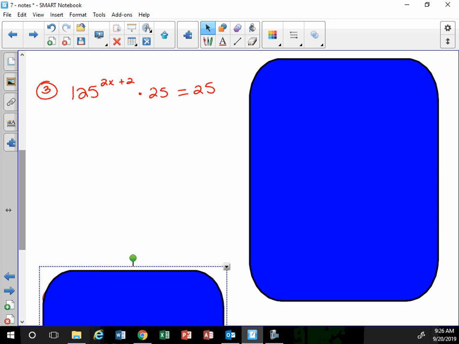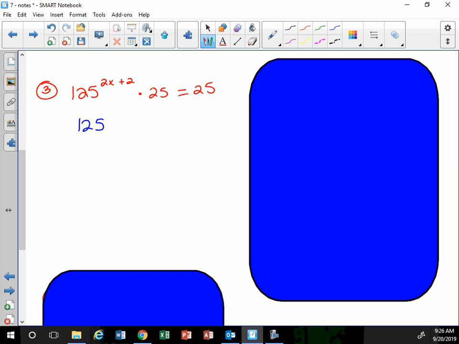All right, let's go through this. I think everybody was okay to hear. Now guys, for something to equal 1, it has to be raised to the 0 power, right?